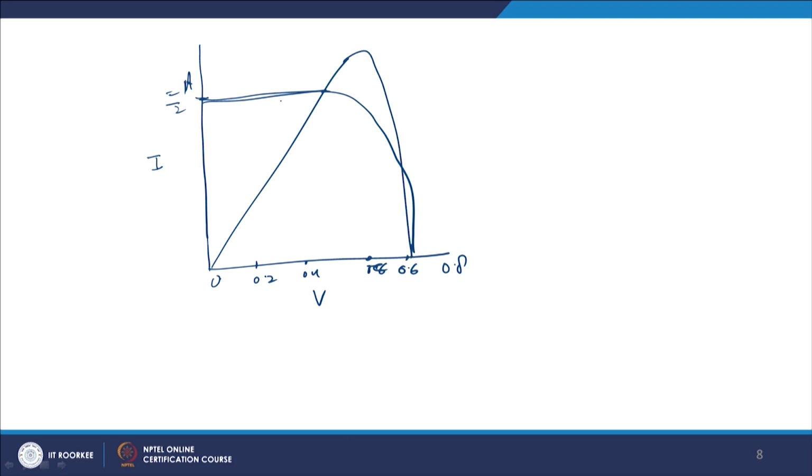This is the peak value, and this current is Im, and this is Vm. This is the current at maximum voltage, Im. Otherwise the maximum current is this, but we are taking the current at maximum voltage.